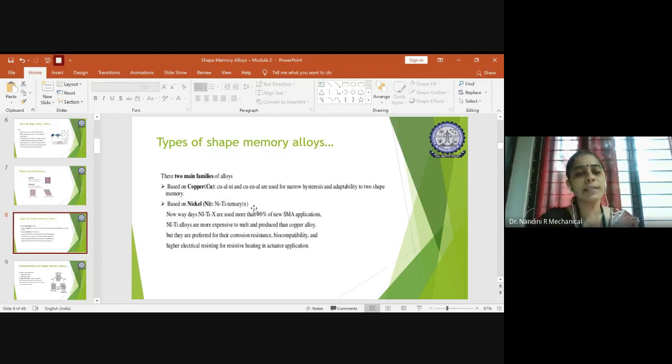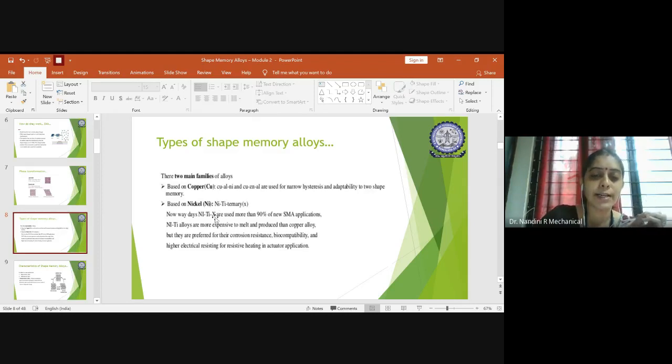That used to be used as a type of dopant in order to ensure it has the required capabilities to regain its memory of the geometry once it is subjected to cooling. So in that way, the nickel based alloy has a ternary element, which is represented by the letter X.